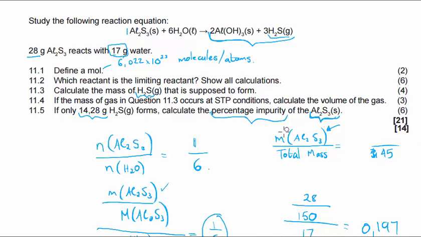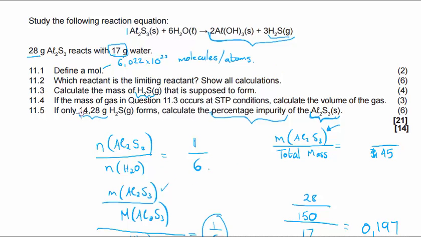So what I want to know is how many grams of aluminium sulfide is left. Remember, we're saying impurity means how much is left. Remember, water was the limiting agent, which means there was an excess of aluminium sulfide.